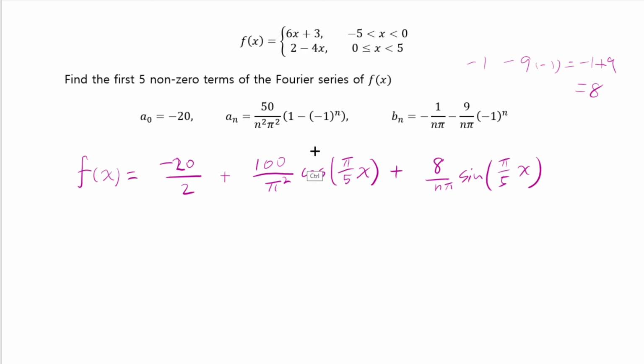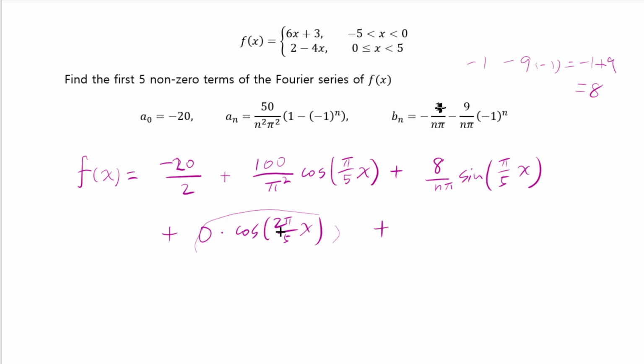Okay, that's not good because we're looking for non-zero terms. And this just happens to be a 0 coefficient, so it's 2 pi over 5x, but that's 0, so this doesn't count. And then when n is 2 here, negative 1 to the square is positive 1.